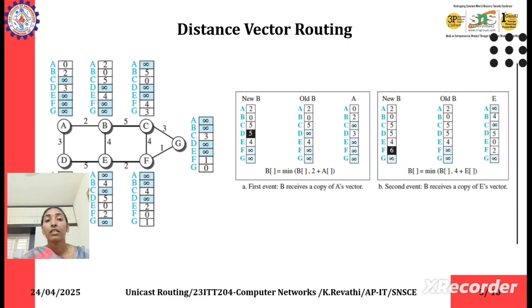Then G has two immediate neighbors, C and F, so those distances are denoted directly in the table, and other entries are infinity. And the final state will be here.